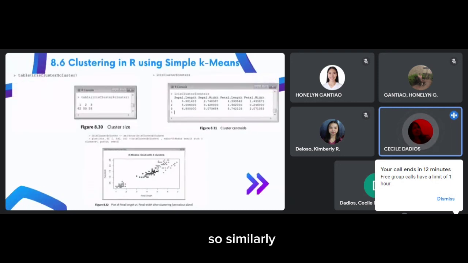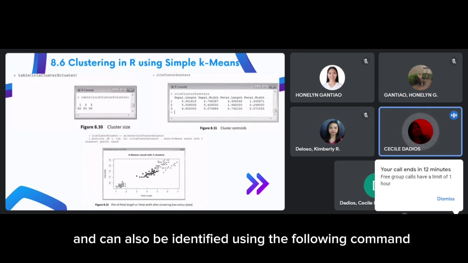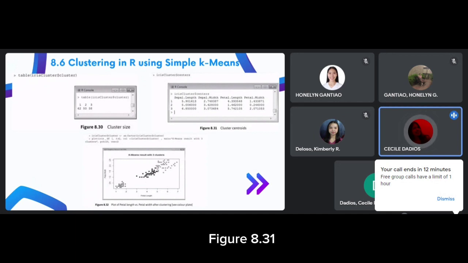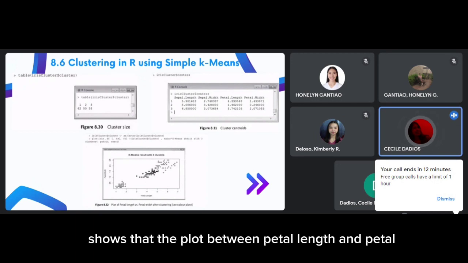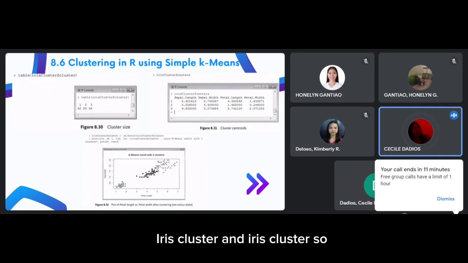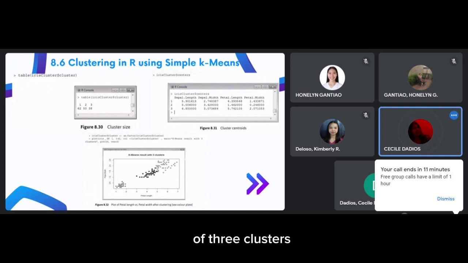Similarly, the centroids of clusters shown in figure 8.29 can also be identified using the following command. So the output of the following command is shown in figure 8.31. Figure 8.32 shows the plot between petal length and petal width after clustering using the following command, with iris clusters. So the plot shows the k-means result with 3 clusters.